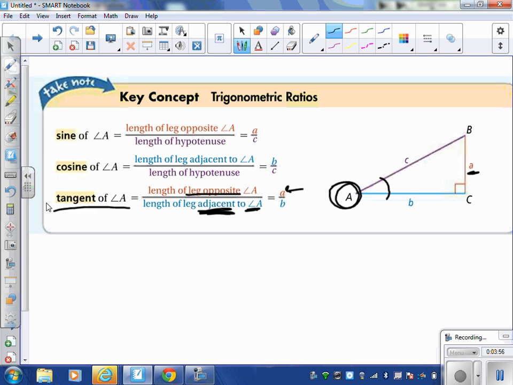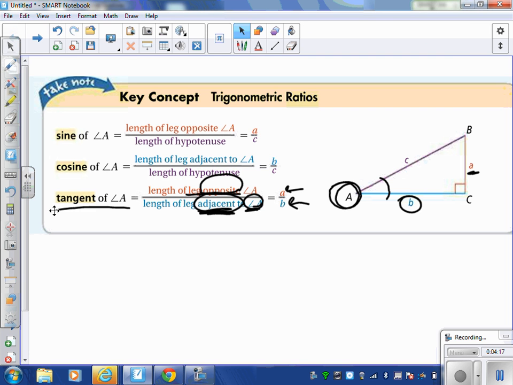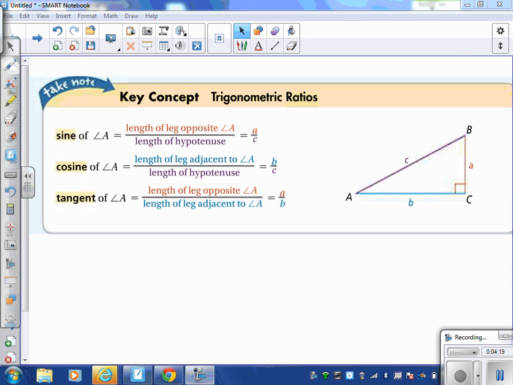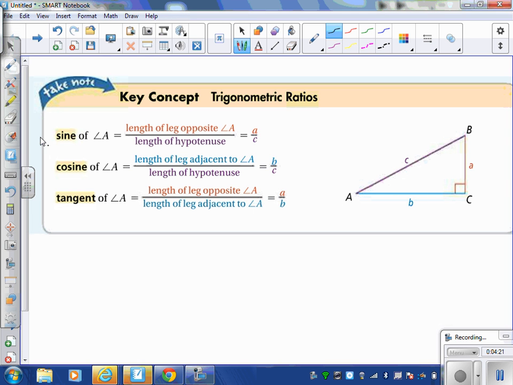Adjacent is the one right next to it, which is B, which would go on the bottom. So tangent is opposite over adjacent when you're looking at angle A. These three concepts, sine, cosine, and tangent, will help you solve the next problems in this section.